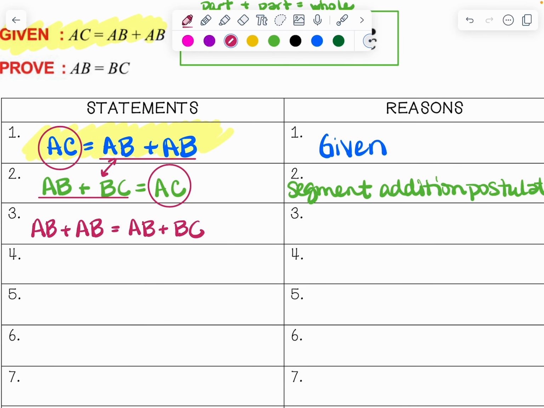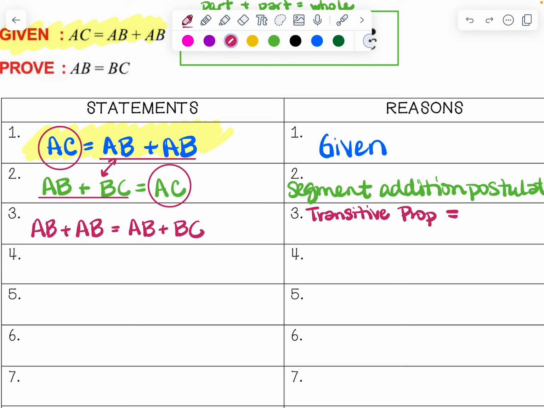Now, I would actually accept 2 different reasons for this. Technically, you could say that this is the transitive property of equality, because AC is my middleman. I know I told you that the transitive property can't have a plus sign, but I meant that it has to have equal signs. Like if this is equal to this and this is equal to that, then those 2 things are equal to each other.